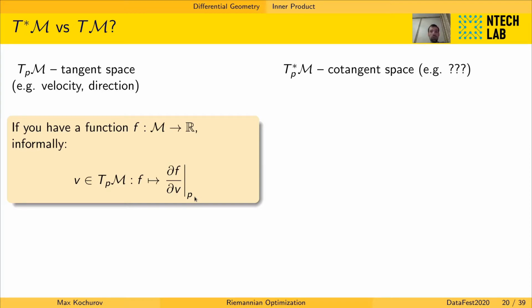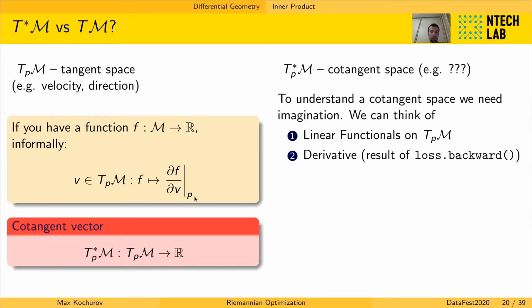In words, it will compute the change of temperature, for example, if we go south. And what is a cotangent vector? What does it do? To think about it, imagine a linear functional on T_pM, and a linear functional outputs real numbers.